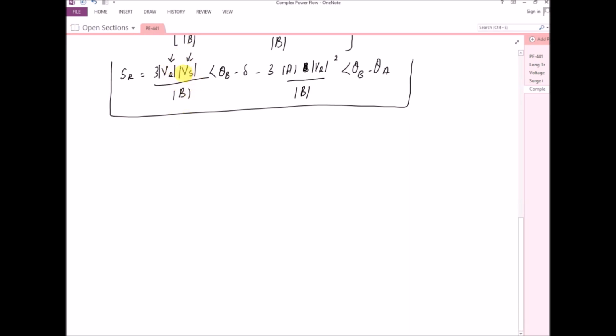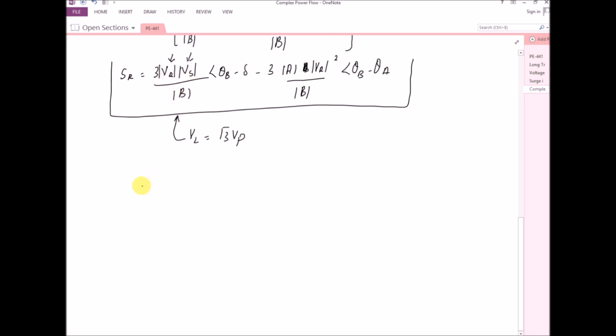Now if I have to convert this into the line voltages, what I have to do, we know that V line is equal to under root 3 times V phase, right? So if I replace this in this equation, the receiving end complex power will be in terms of line voltages, the line receiving end voltage and line sending end voltage.